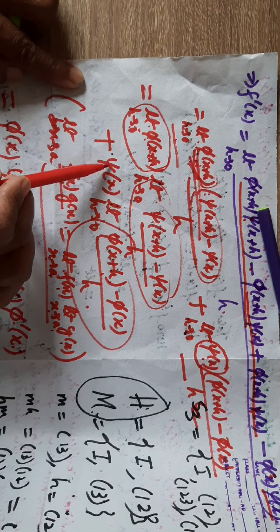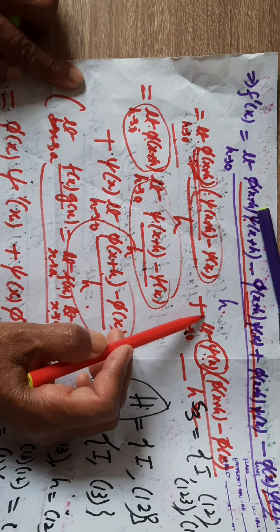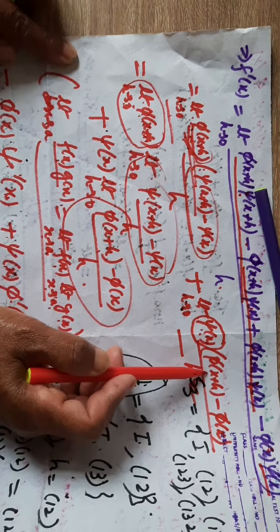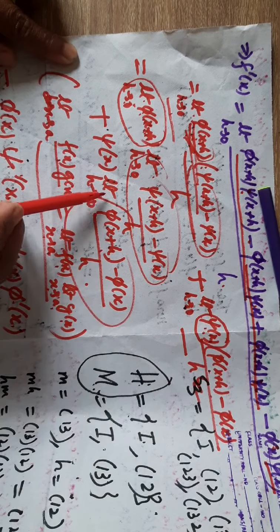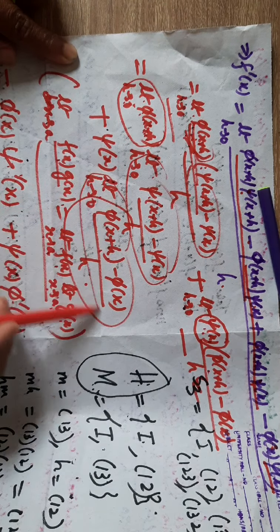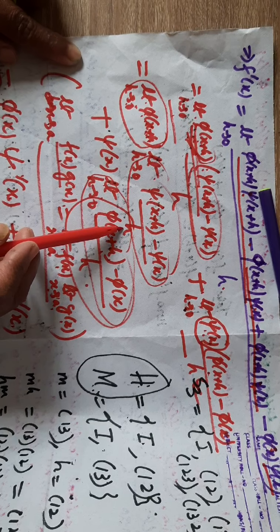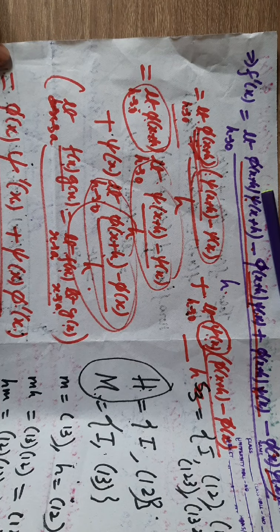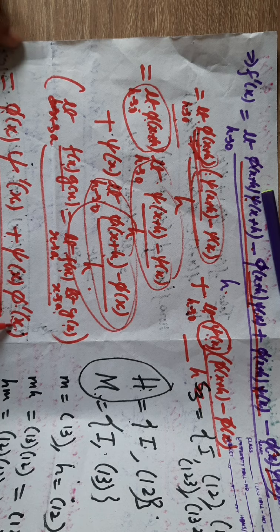And for the second part, chi x, I'm taking outside the limit because it does not depend on h, then into the limit of that second part. The limit of the second term is nothing but the derivative of phi of x, so it will be phi prime of x. So finally we are getting the derivative of the product as phi x into chi prime of x plus chi x into phi prime of x.